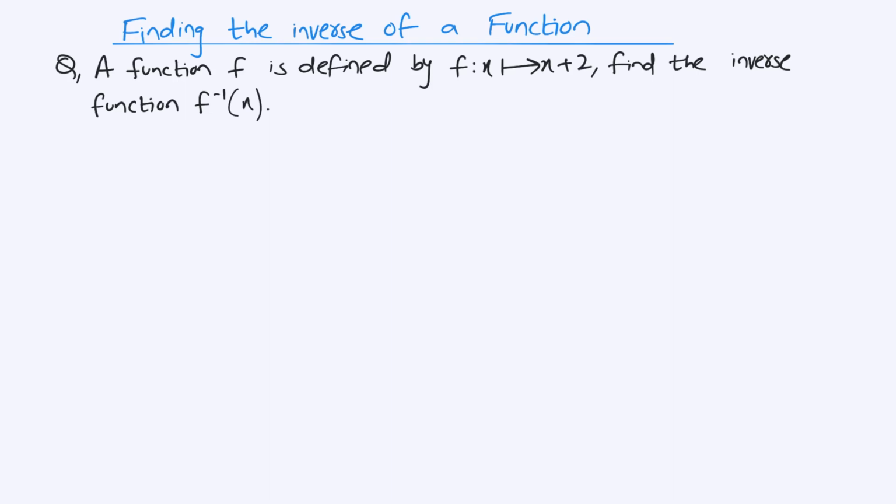Now in this basic example, we will learn how to find the inverse of a function. A function f is defined such that f of x is x plus 2. Find the inverse function, which is denoted as f inverse. Now I'll tell you the steps. f of x is equal to x plus 2.